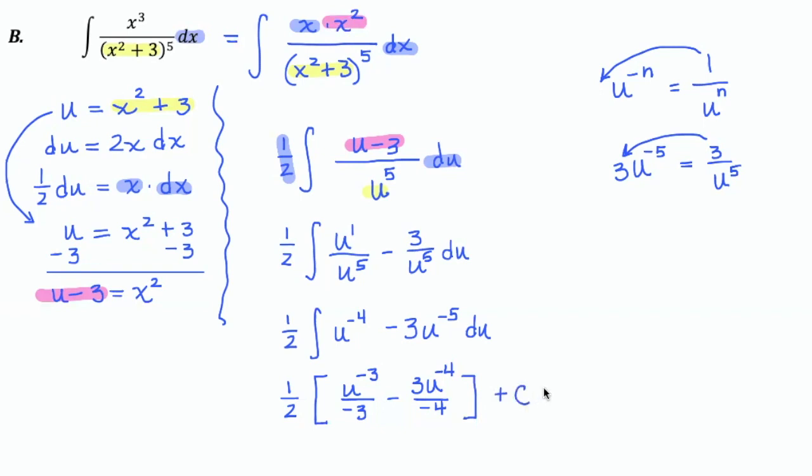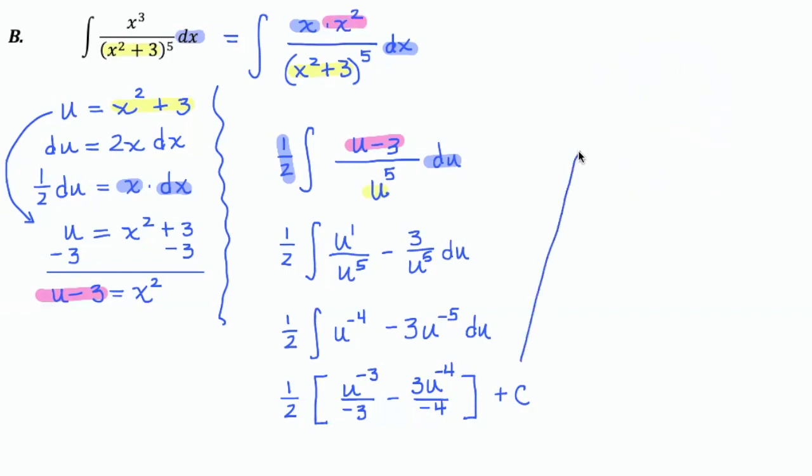Now, once you've finished that step, all that's left is to actually clean it up and simplify. It's some algebra, which is not to say it doesn't get tricky, but it is only algebra at that point, not calculus. So to begin the cleanup process, I'm going to distribute my 1/2 in right away. So I'm going to have u to the negative third over 2 times negative 3, which is negative 6. I have a minus sign.